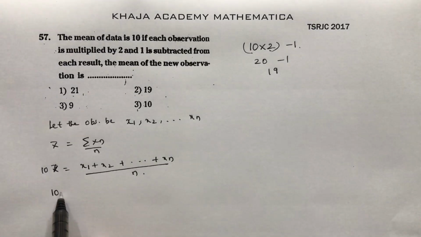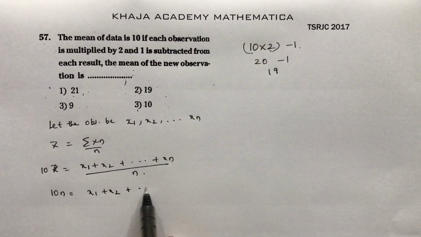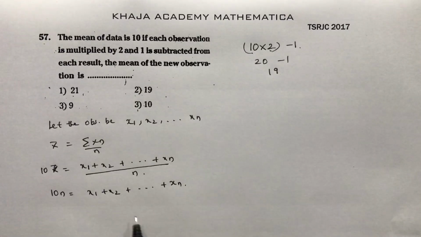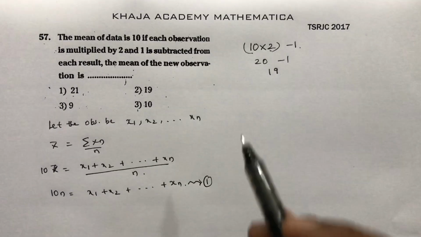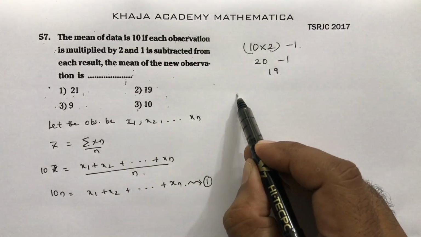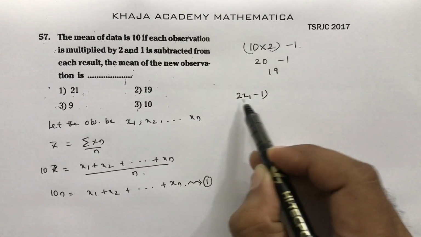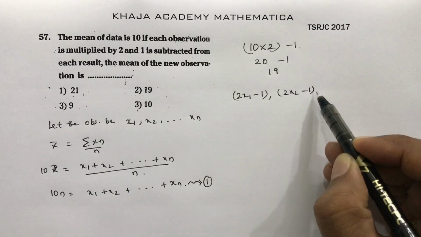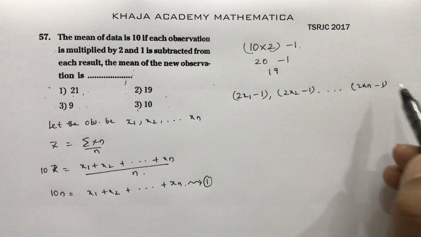Cross multiply: 10 times n is x1 plus x2 plus so on xn. You can consider this as equation 1. Now each observation is multiplied by 2 and 1 is subtracted: 2x1 minus 1, 2x2 minus 1, and so on, 2xn minus 1.